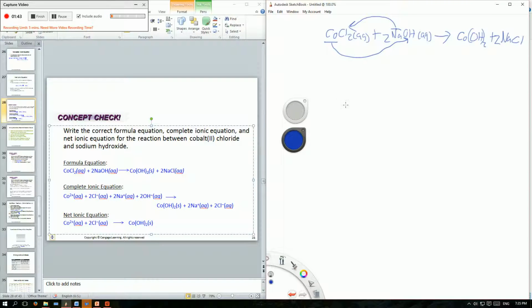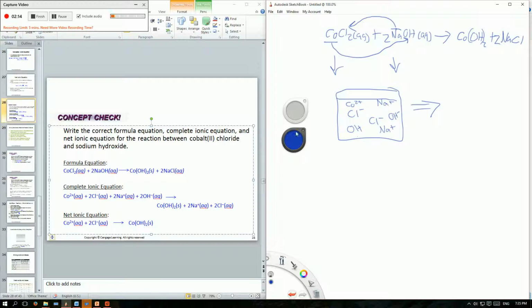Now, the complete ionic equation basically goes into this whole thing that this is going to dissolve, this is going to dissolve, right? So in our water, we're just going to have Co2+, Cl minus, Na plus, OH minus, and remember, we're going to have that.